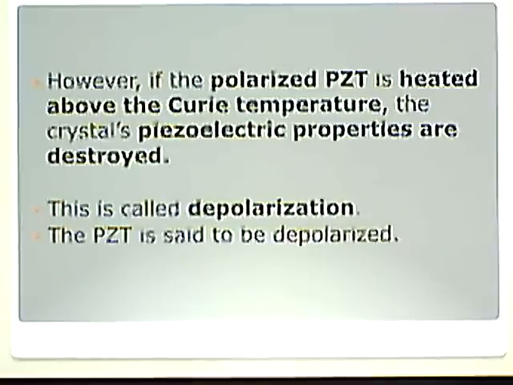All right? This is called depolarization. The PZT is said to be depolarized. So polarization is heating it up to that point to give it those properties, but if it's heated above that Curie point, we depolarize it or destroy it.